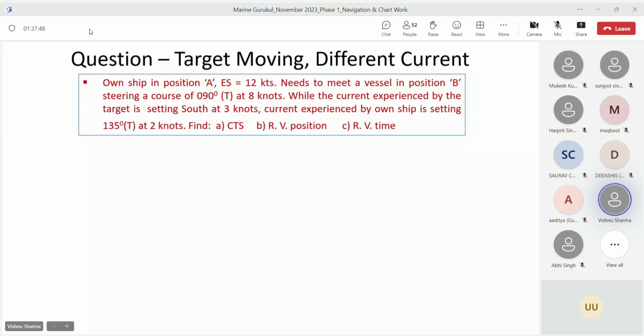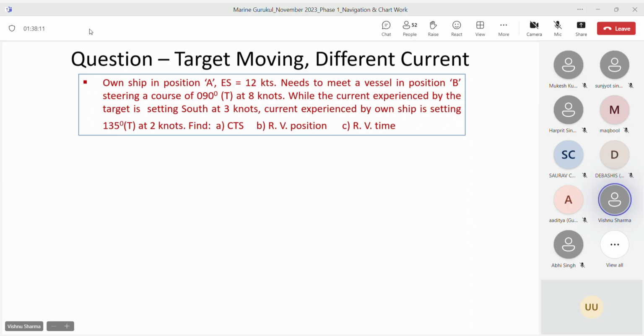Initially, what course will you set when you're far off? Target is facing some different current. You are experiencing different current. So target is moving and experiencing different current. Please just rigidly, very religiously apply those points and then you'll have no problems.